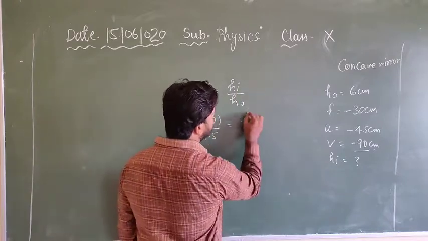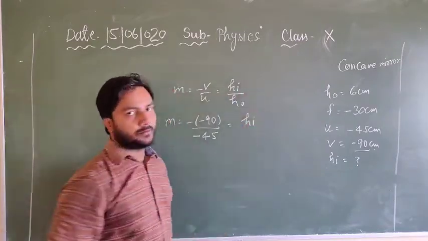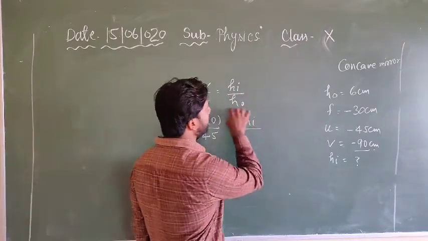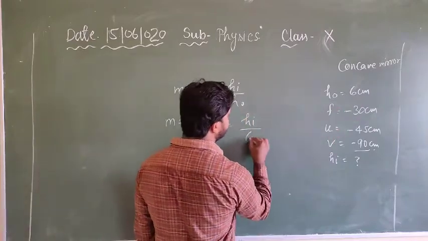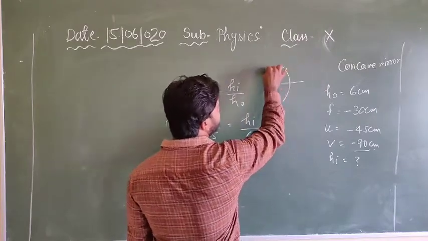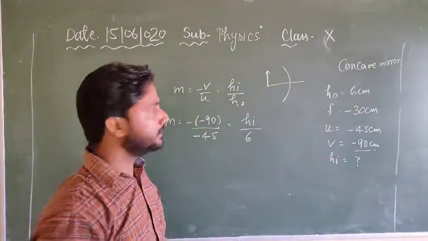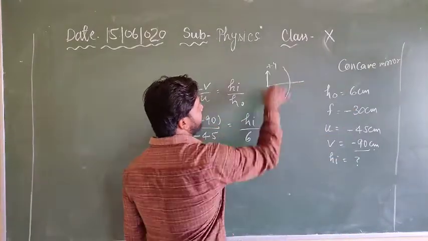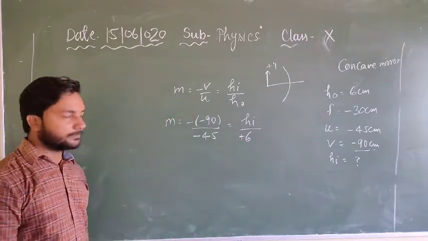I don't know the height of image, this is the thing which we have to find out. Now HO means height of object, and it is given 6 centimeters. Since the height is placed perpendicular to the principal axis in positive direction, that's why we have taken it as positive. Any problem?